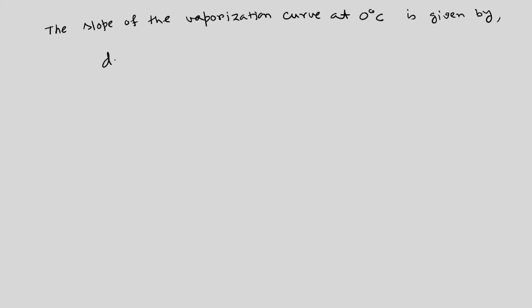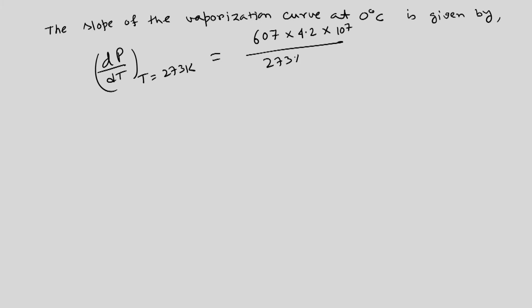The slope of the vaporization curve at 0 degree Celsius is given by dP by dT when temperature is 273 Kelvin equals 607 times 4.2 times 10 to the 7 by 273 times 21 times 10 to the 4, as Vg minus Vl is 21 times 10 to the 4 centimeter cubed.